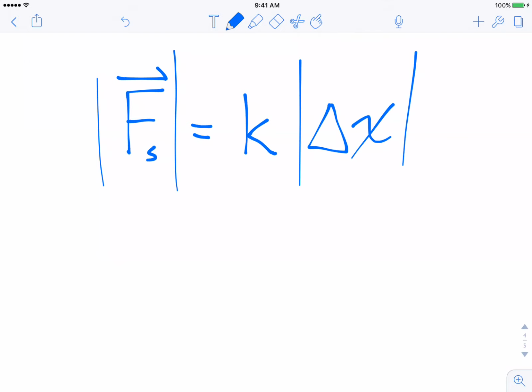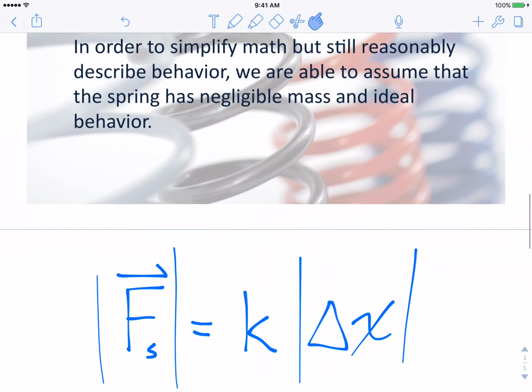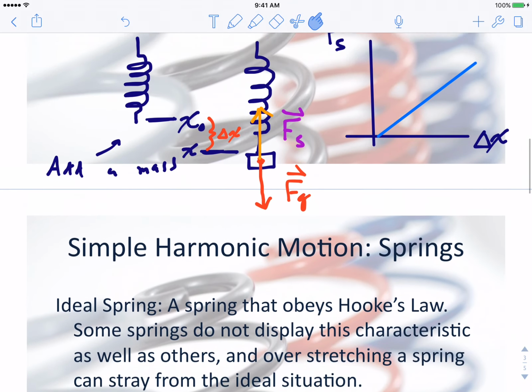But understand, when you're doing Hooke's law, you are looking at the mass on the spring when it's in the equilibrium position. And more specifically, we typically look at this when the spring has a mass on it and everything is at rest. And when it's at rest, you know that all the forces will be balanced.